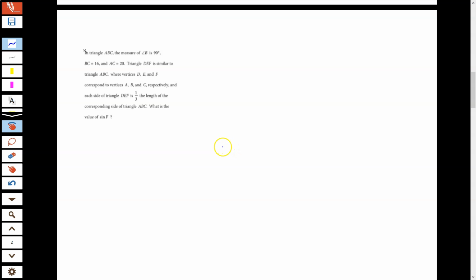So this one, you really want to draw. I'm going to say I have a right triangle, and it tells me B is 90 degrees. I'll just label these other two A and C. BC, it says, is 16, and AC is 20.